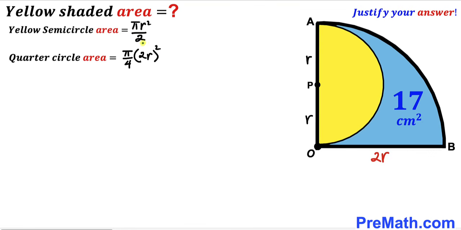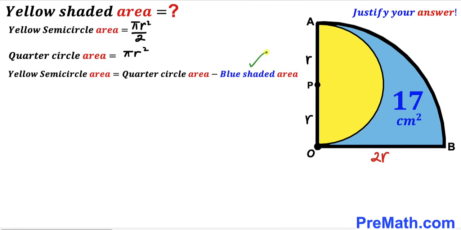The square of 2r is simply 4 r square, so we get pi divided by 4 times 4 r square. The 4 and 4 cancel each other out, so we end up with simply pi r square. Thus the area of this quarter circle turns out to be pi r square.